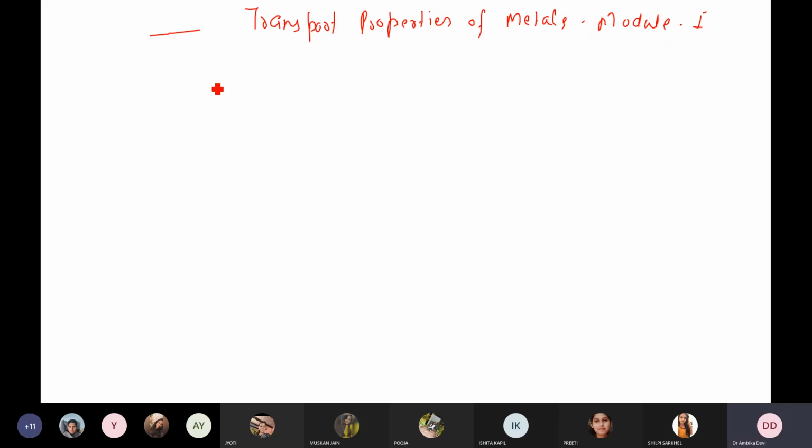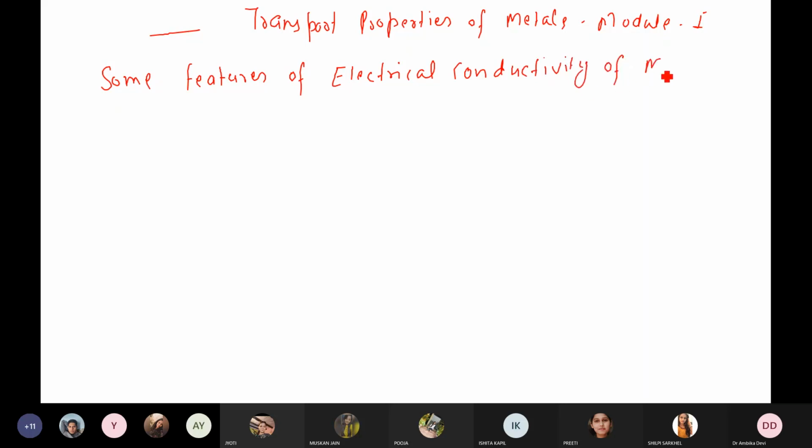Okay, so let us talk about the features of electrical conductivity of matters. As I told you, any theory of the electrical conductivity of matters must explain a number of pertinent experimental facts, right?